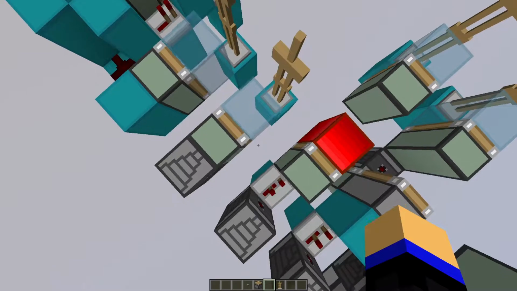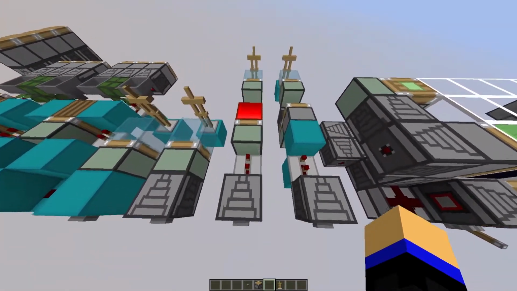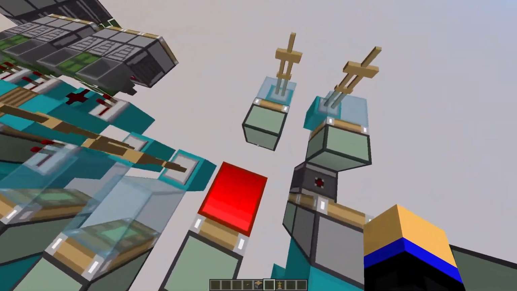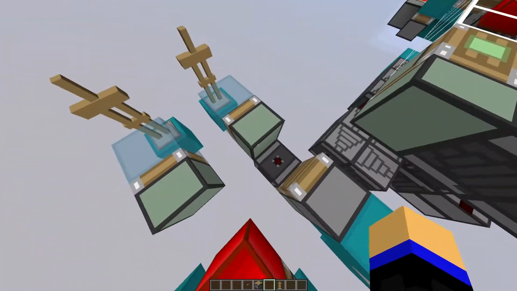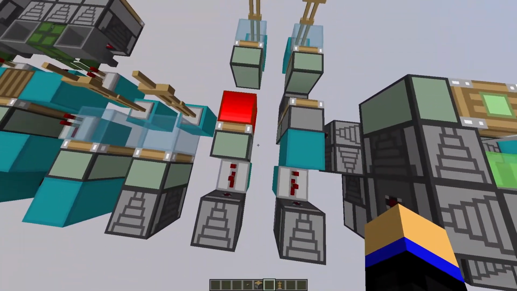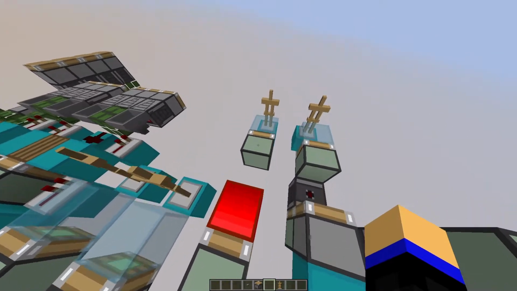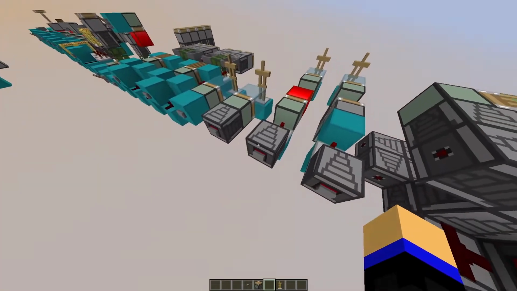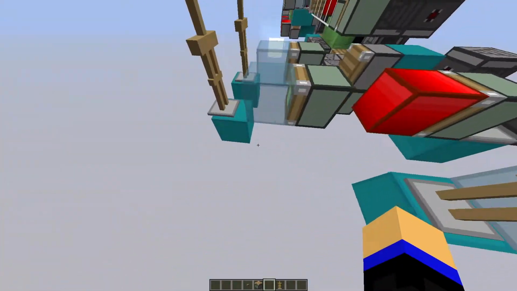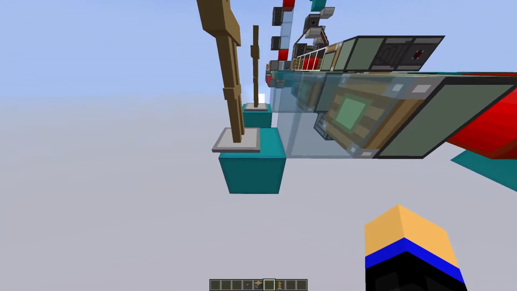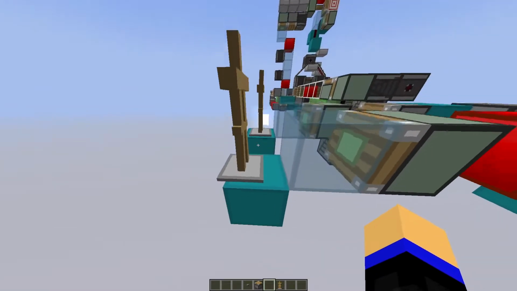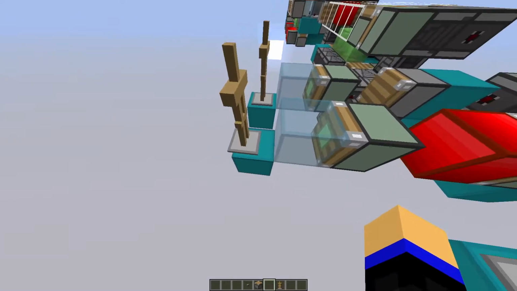And then here we have 2 setups. This is a half tick setup. This is a 0 tick setup. If the piston receives a 0.5 tick pulse, then the armor stand will move half a block. So if I just press this button here, you see the armor stand stands in the middle of the block basically, or it just moves slightly.